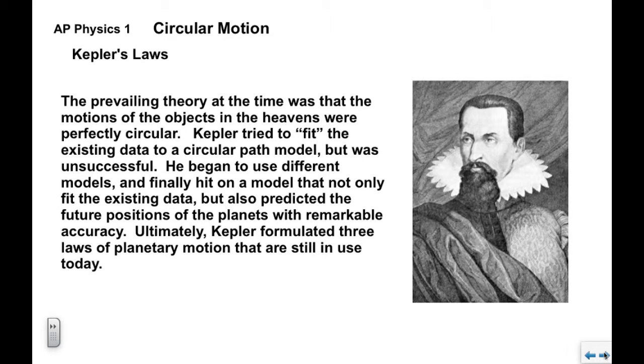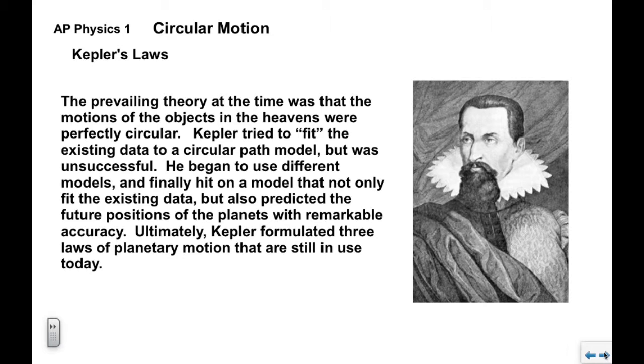So the theory at the time was that the motions of the objects in the heavens were perfectly circular. Kepler tried to fit the existing data to a circular path model, but couldn't get it to work out right.